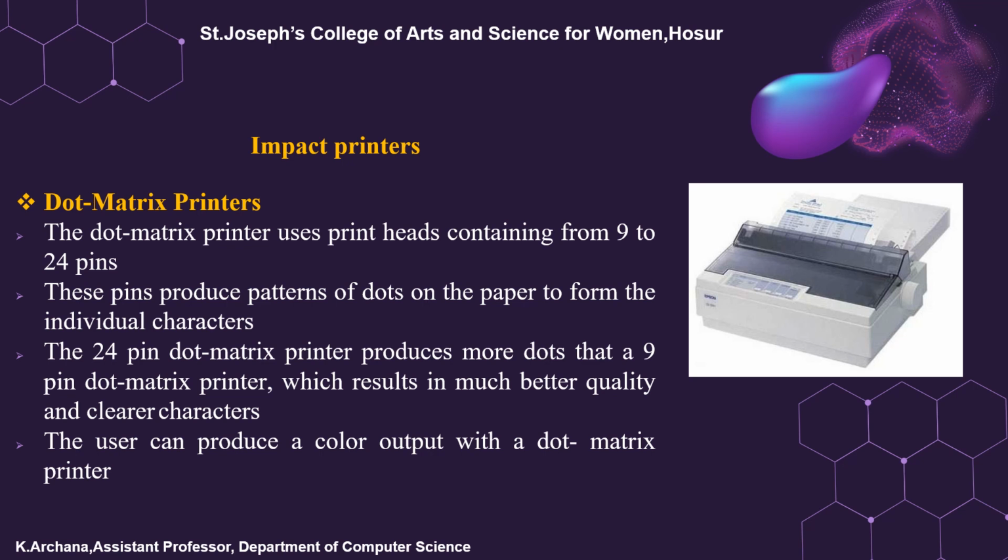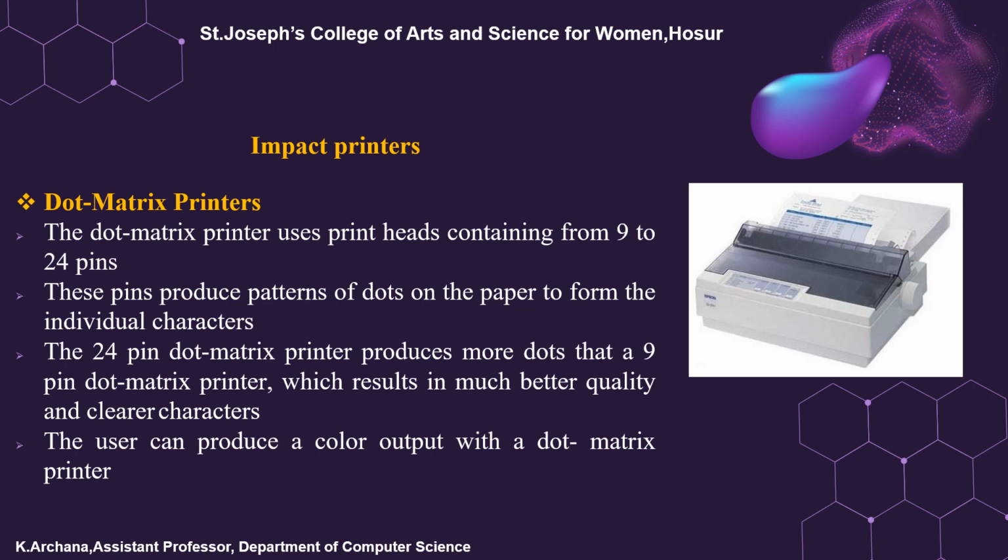Next one is the impact printers, dot matrix printers. The dot matrix printer uses print heads containing from 9 to 24 pins. These pins produce patterns of dots on the paper to form the individual characters.